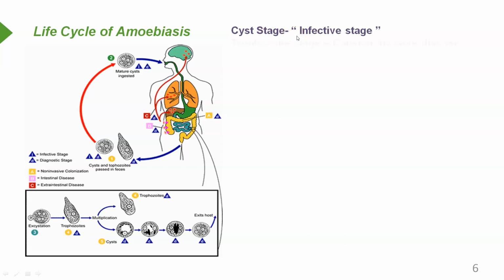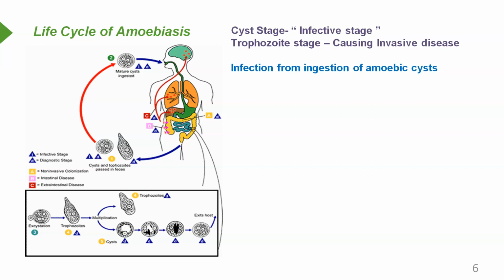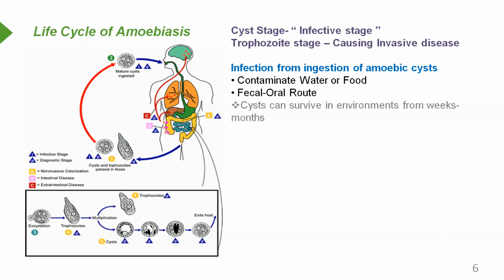And one more stage is the trophozoite stage, where it can cause invasive disease. Infection is from ingestion of amoebic cysts, through contaminated food or water or through fecal oral route. These cysts can survive in environments from weeks to months.